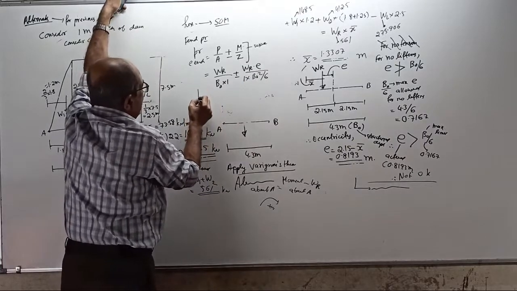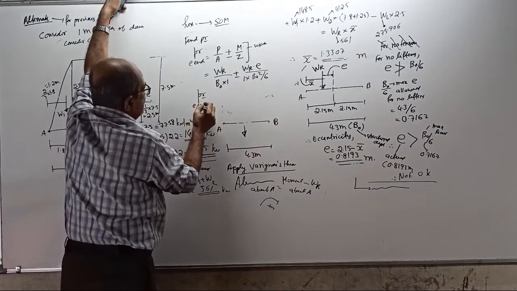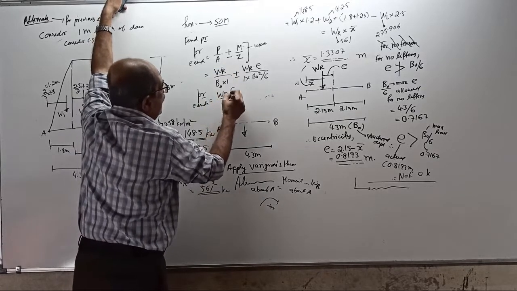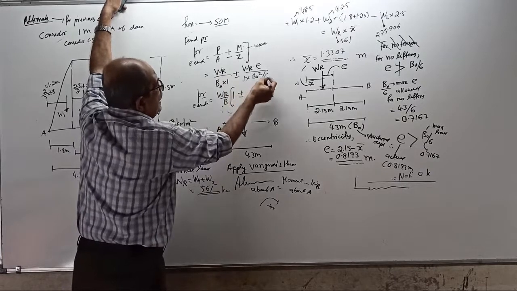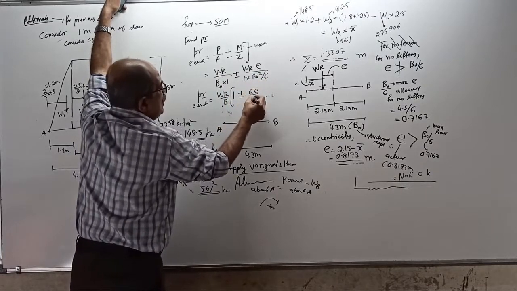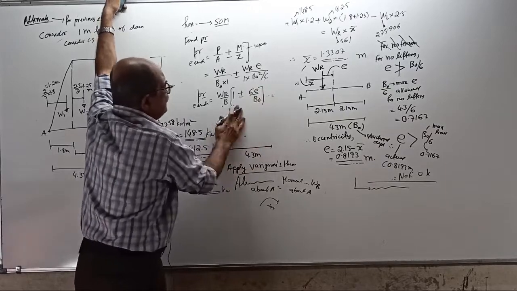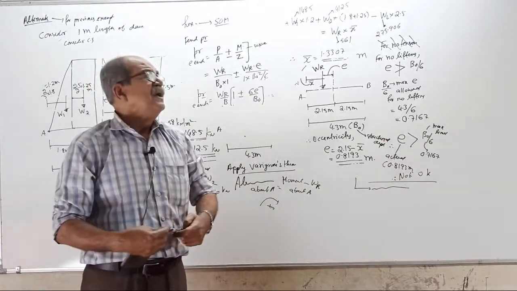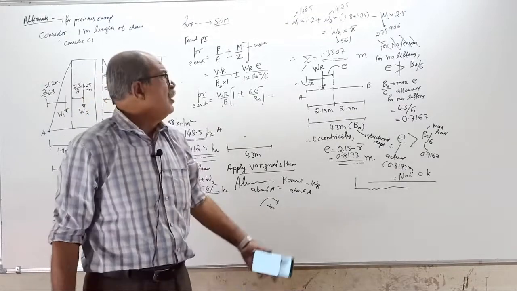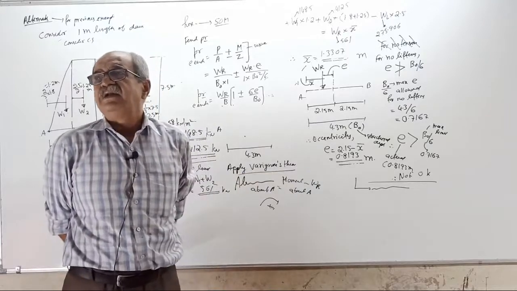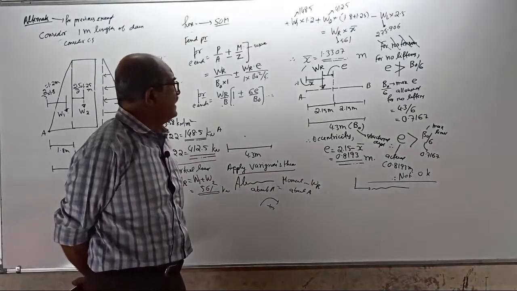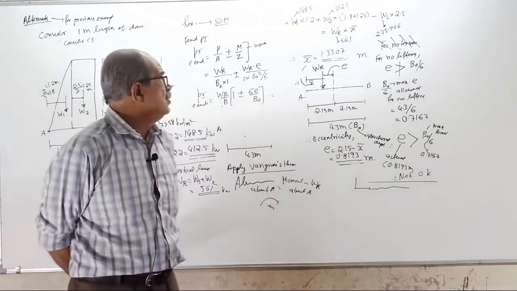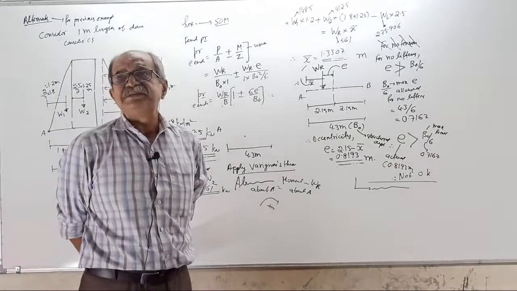Or you can say pressure at ends equals WR divided by B into 1 plus or minus 6E by B0. This is the formula used in retaining wall. When you do an RCC retaining wall, the teacher will not explain all these things. He will take the formula: pressure at extreme ends is WR by B into 1 plus or minus 6E by B0.